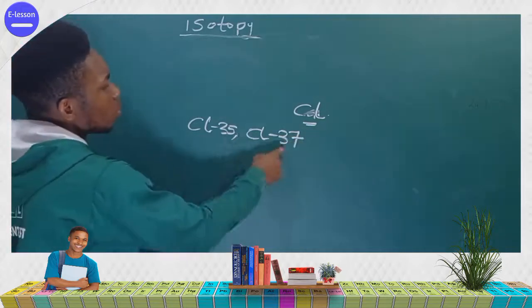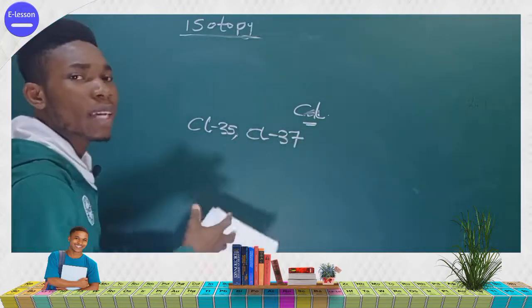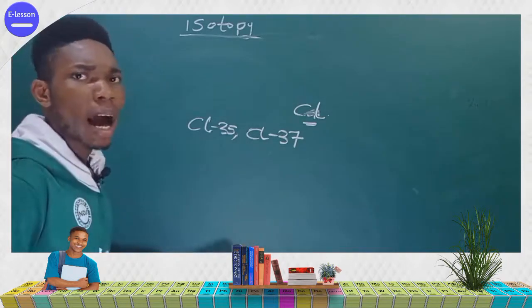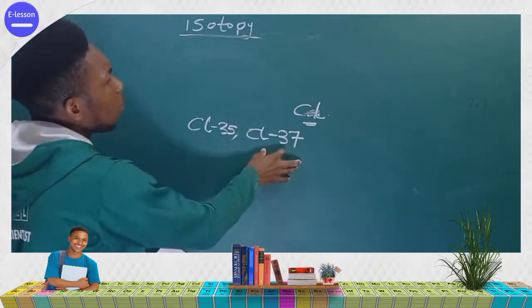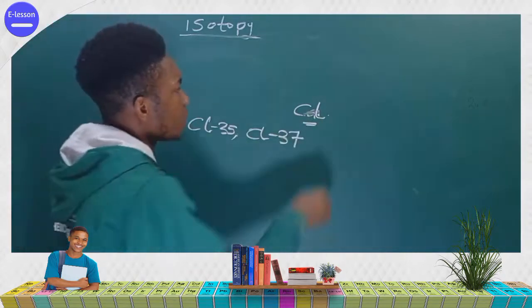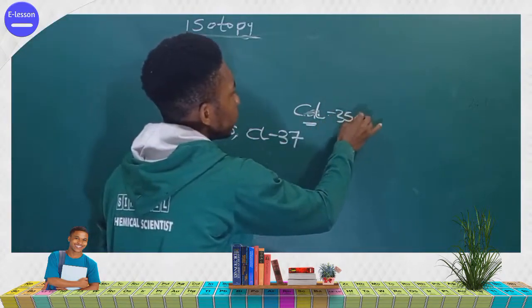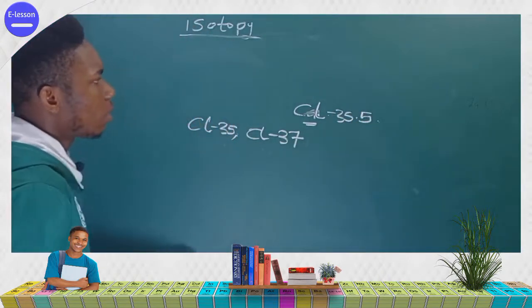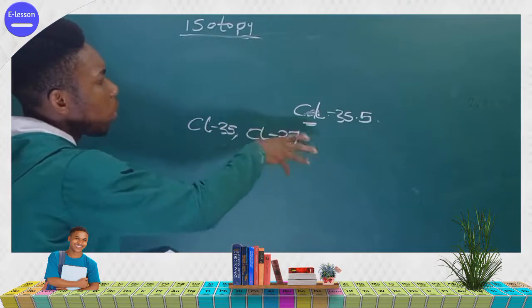These two isotopes of chlorine combine together in various percentage natural abundances to give what? This chlorine 35.5. So we are going to look at the formula for calculating all this.